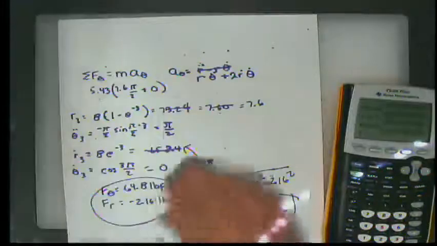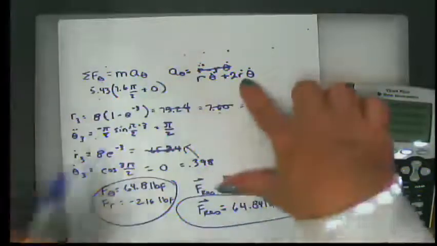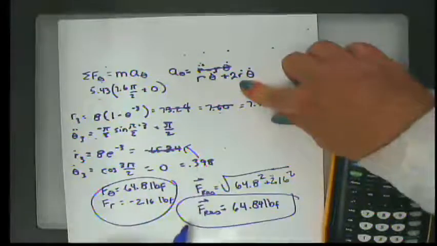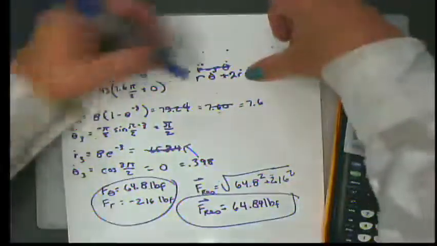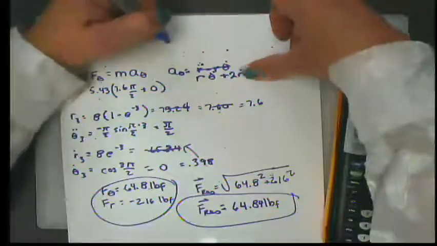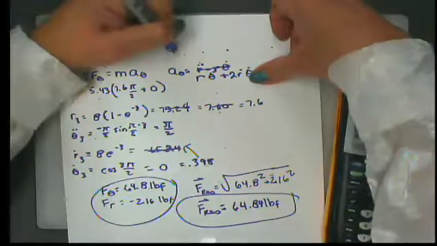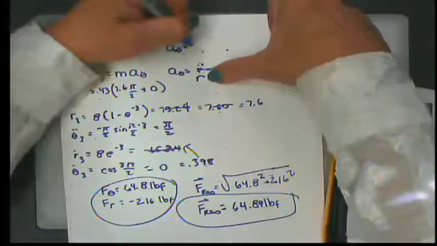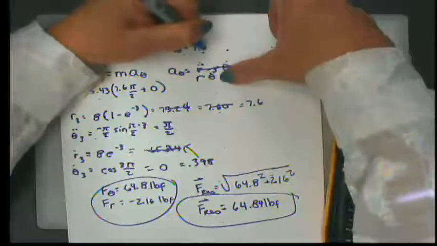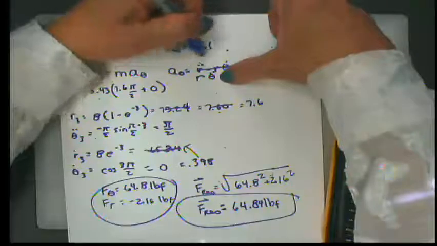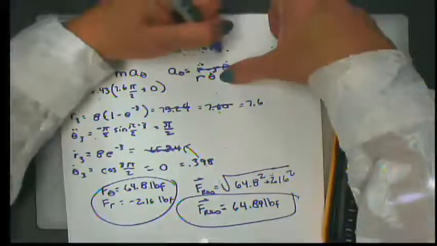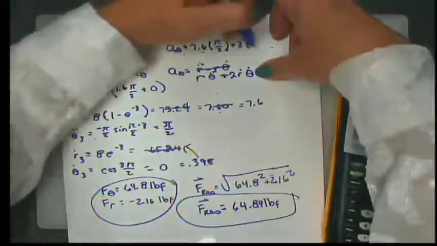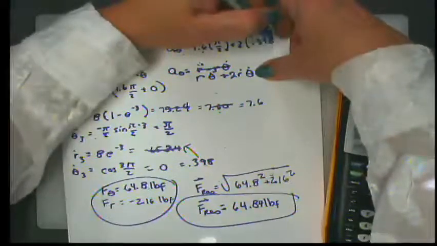So my a sub theta is right here. If I solve for a sub theta, I have r, which is 7.6, theta double dot, which is pi over 2, plus 2 times r dot, which is 0.398.